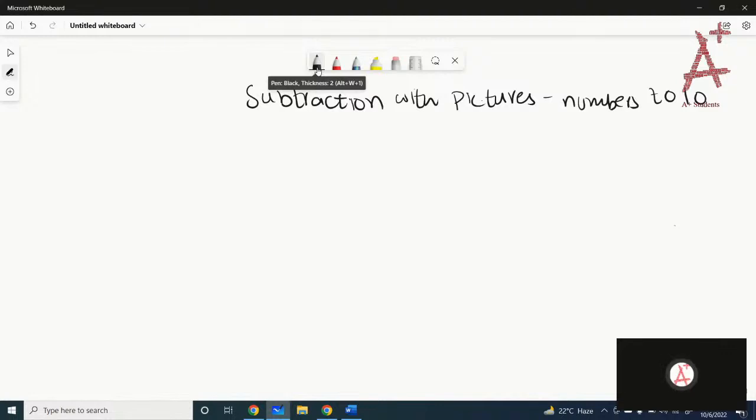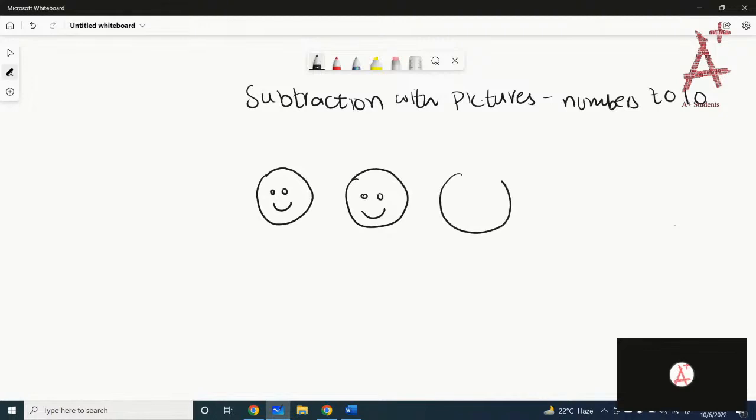You are given four happy faces and one of them is crossed out.